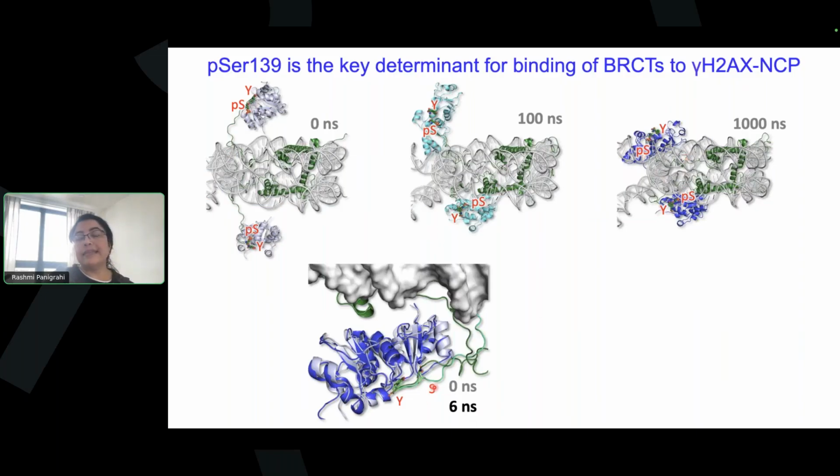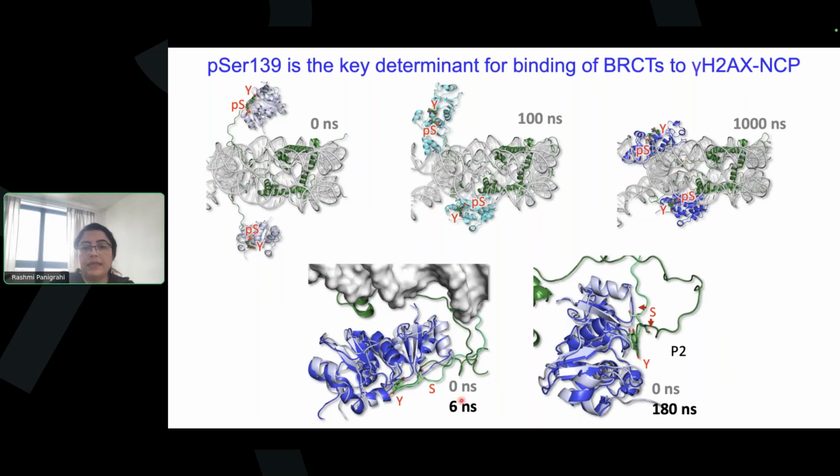So basically, we had serine instead of phosphoserine, and quite quickly the serine flipped out of the pocket as expected, and the tyrosine also moved out, dislodging the tail from the BRCT, and that confirmed once again that we can trust the simulation, that the BRCT does not bind to H2X-containing nucleosome.